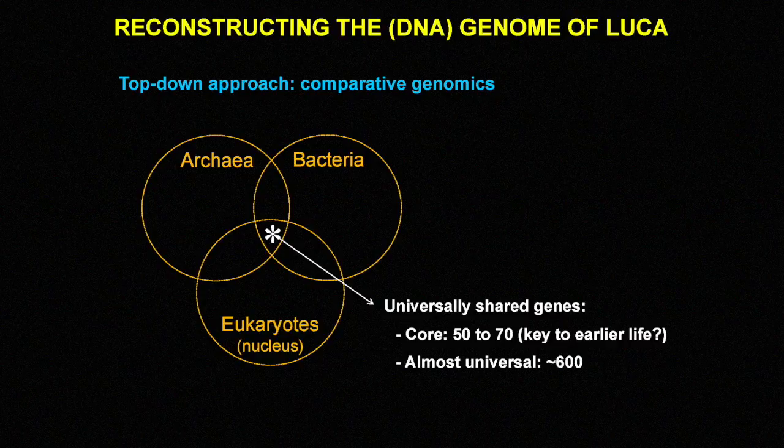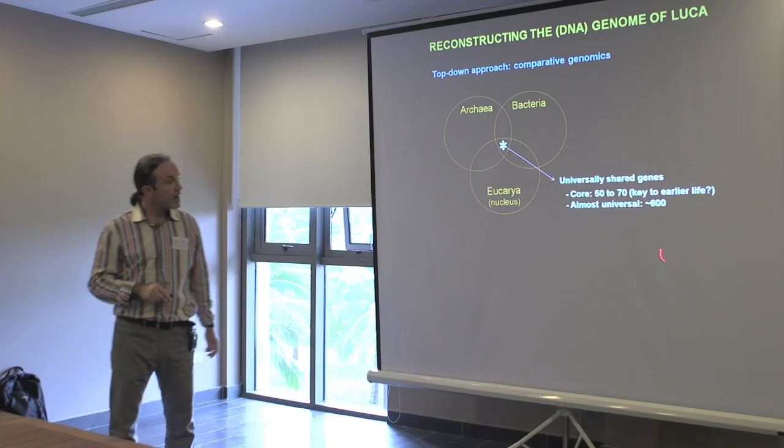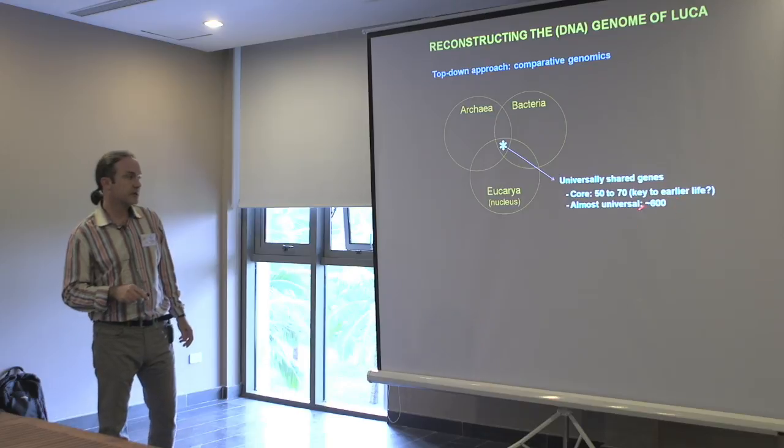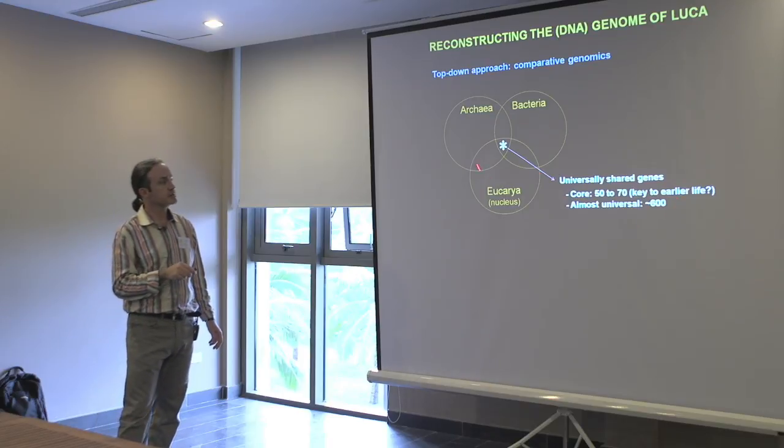If you go to the shared genes among archaea, bacteria, and eukarya, you see that there is a core group of about 50 to 70 genes that perhaps were key for the earliest life, and almost universal, there are about 600 genes.